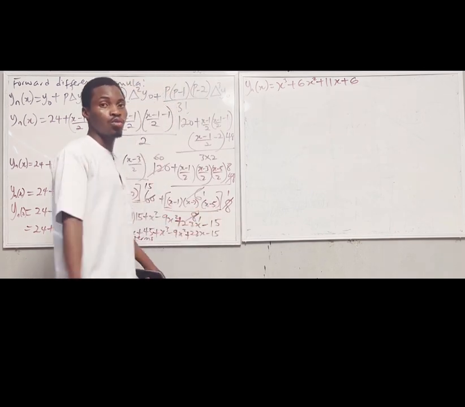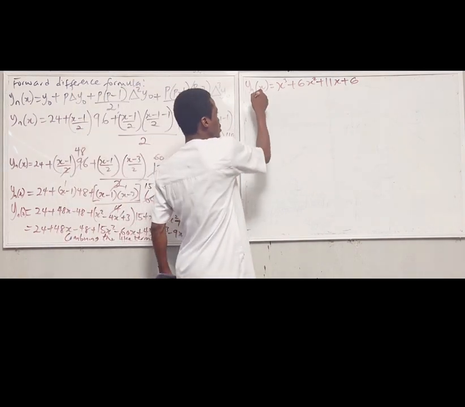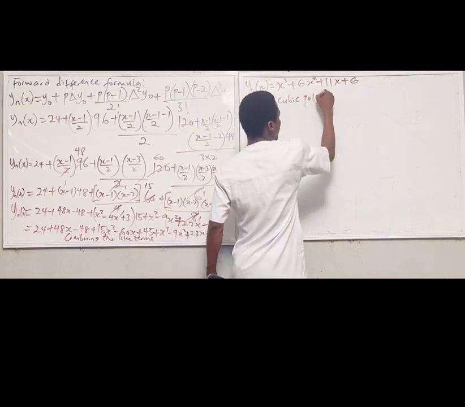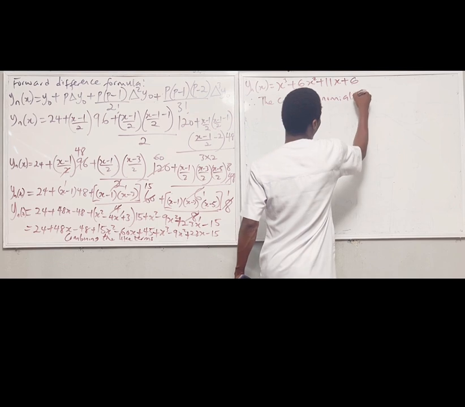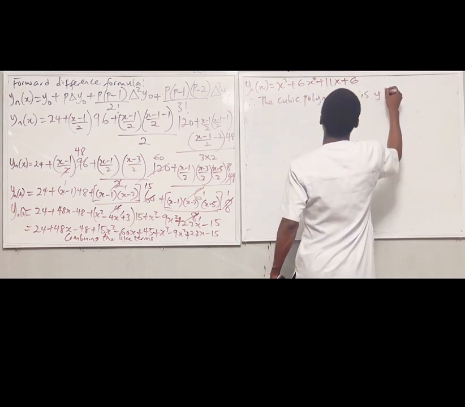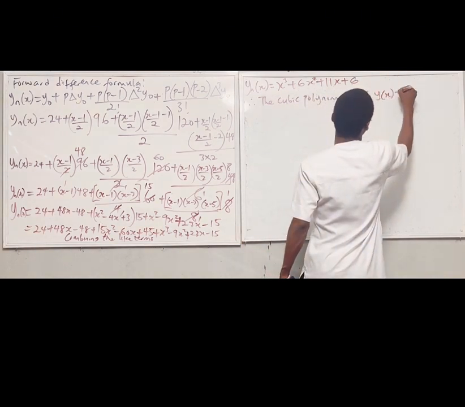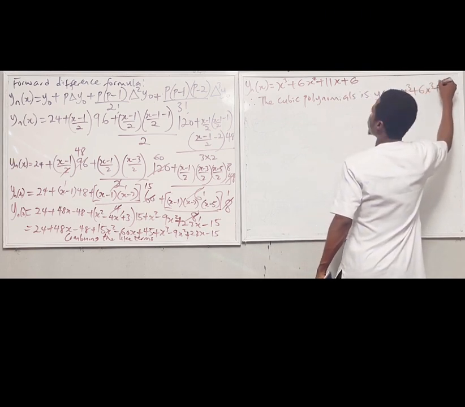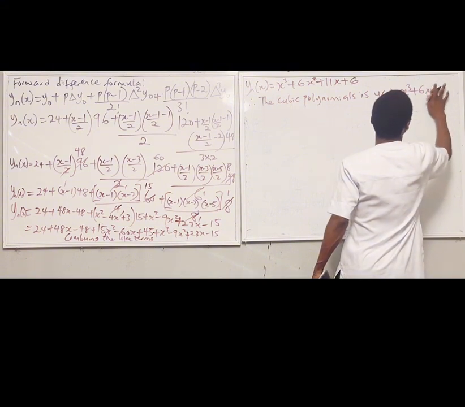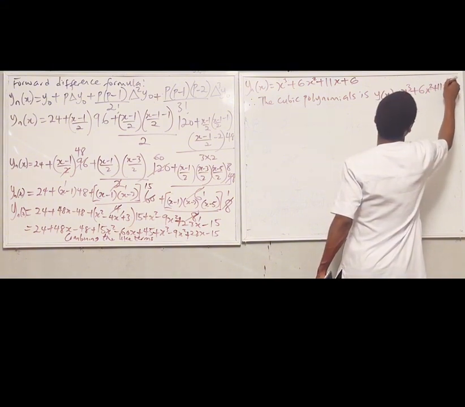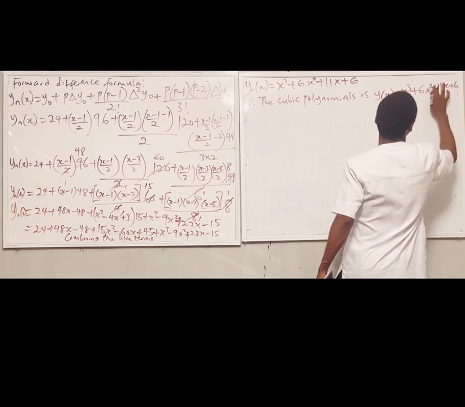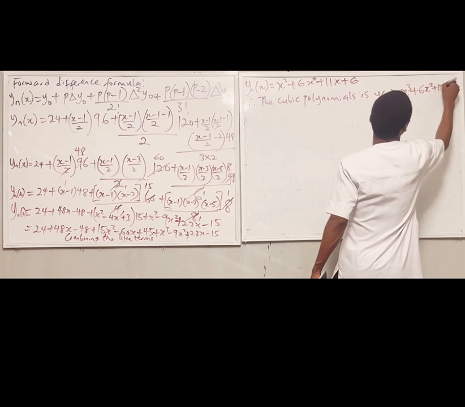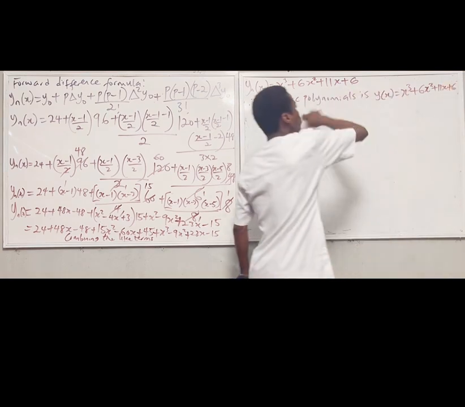So find the cubic polynomial. So this is the solution. The cubic polynomial is what? So this is the cubic polynomial.